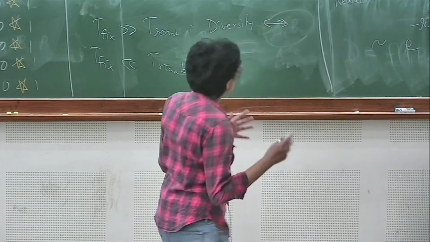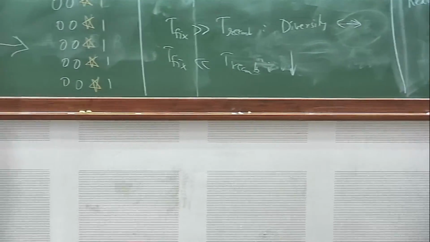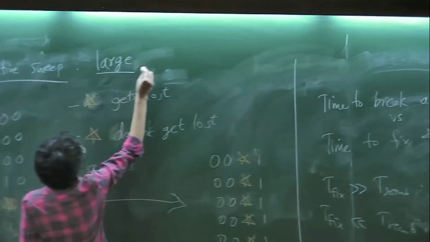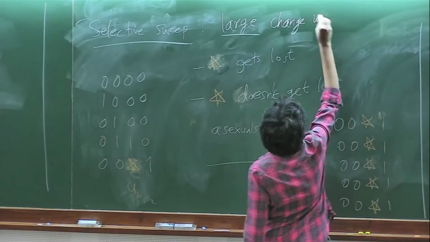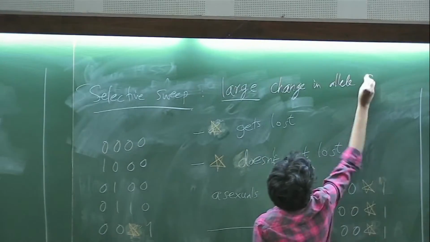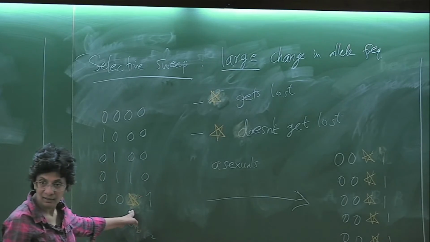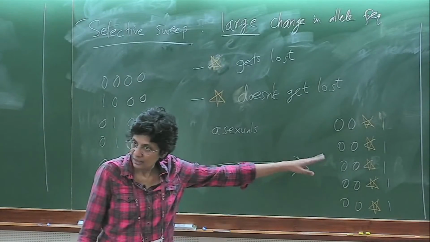So let me just define this again for you. A selective sweep therefore refers to a large change in allele frequency. From 1 by n, it has become 1, no?